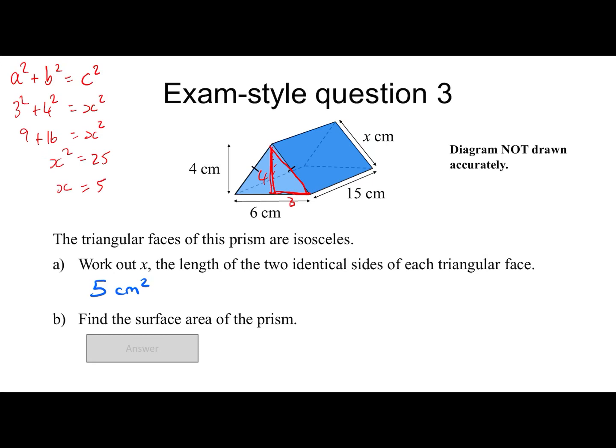Okay, so x is 5 centimeters. Now you know that you've got 5 faces to add up. Do it correctly and your answer would be 264 centimeters squared. Okay, if you're not sure, if you're getting it wrong, let me know. It's just 2 triangles, they're actually the same area, plus 3 rectangles.